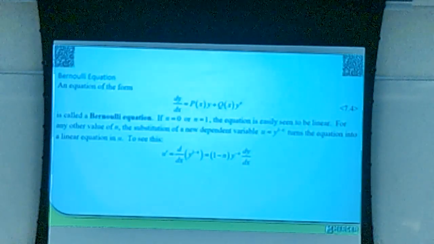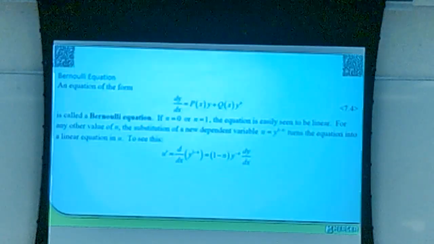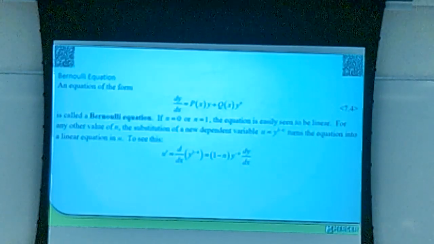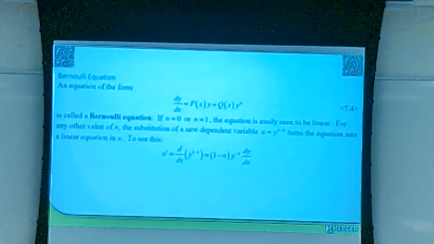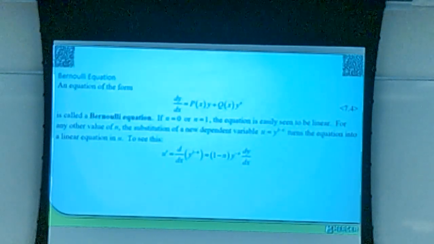Bernoulli equation, which is an equation of the form dy/dx equals p of x times y plus q of x times y to the n. If n is 0 or 1, clearly it's linear. For any other value, you're just going to use the substitution u equals y to the 1 minus n.